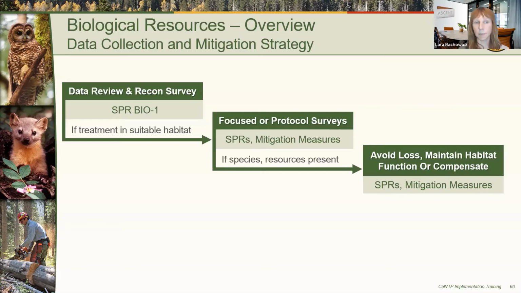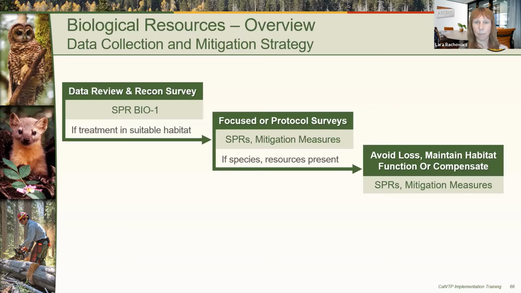In this next step, SPRs and mitigation measures require additional focused or protocol level surveys to detect or delineate biological resources, such as sensitive natural communities, wetlands, special status species, or nesting birds. If species or sensitive resources are identified during surveys, then the next step would apply.